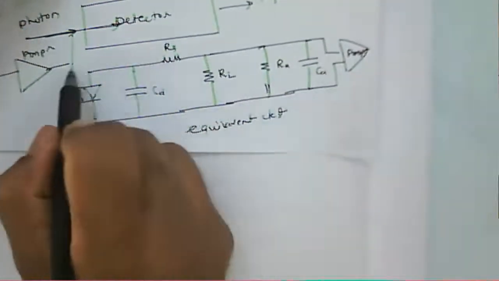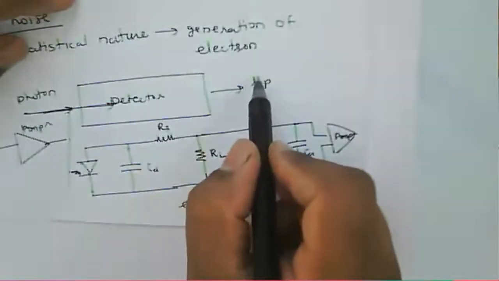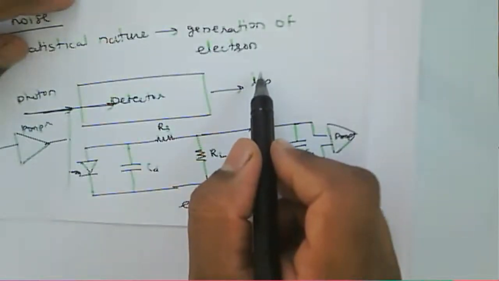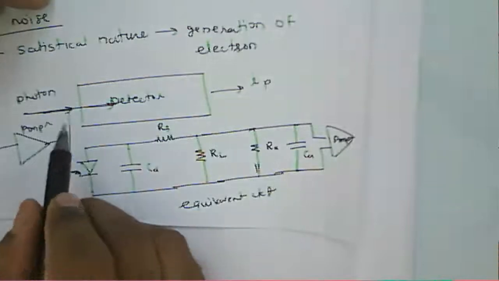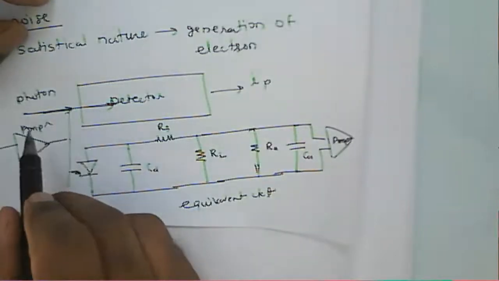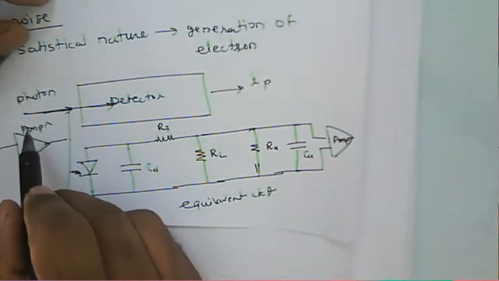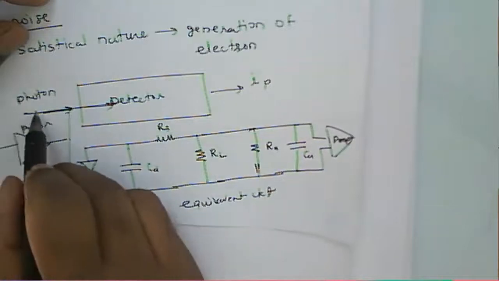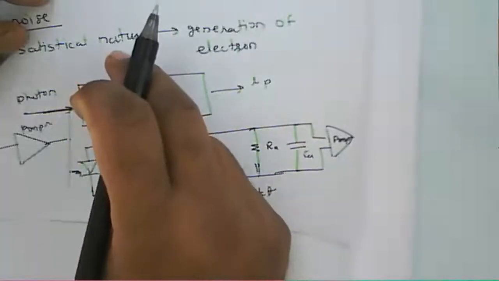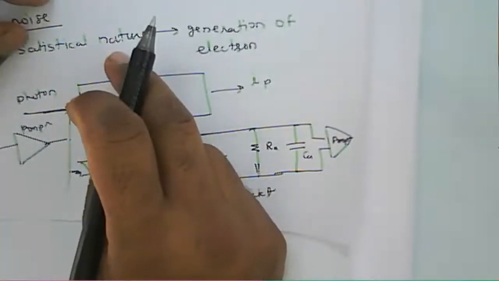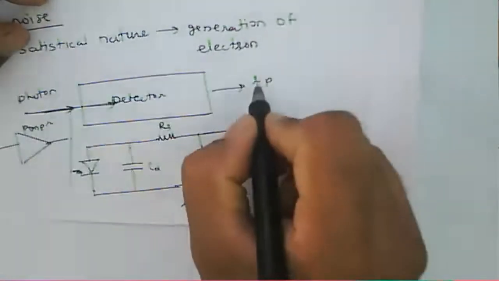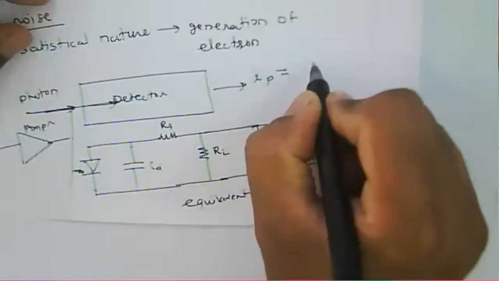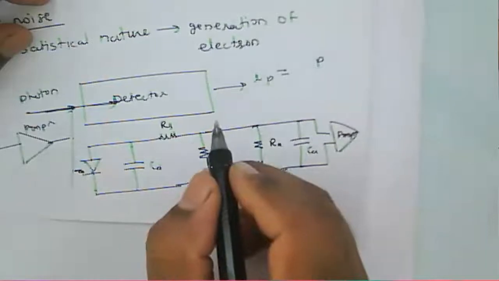Now then it will generate a photocurrent. Depending upon how the photons fall on this particular detector, a current is generated, and that current depends upon the optical power.